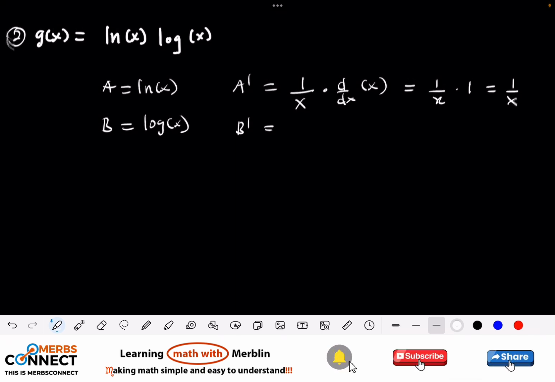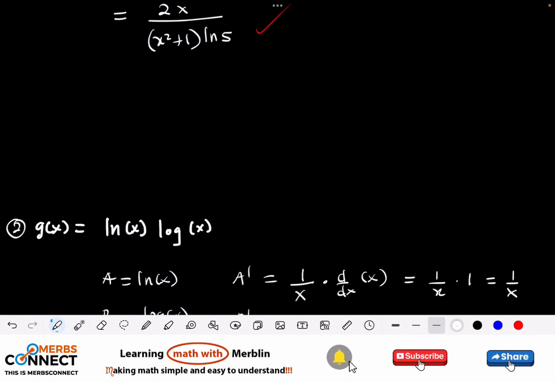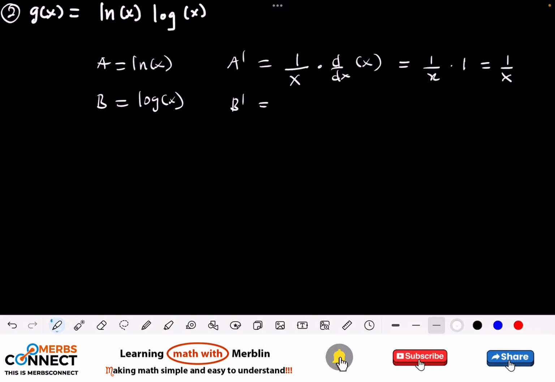Let's look for B. So we just learned how to differentiate a log function here. So we said 1 divided by what is inside the parenthesis, which is also x, times ln of the base. So what is the base here? Anytime a log function is given and the base is omitted, we are assuming that it is 10.